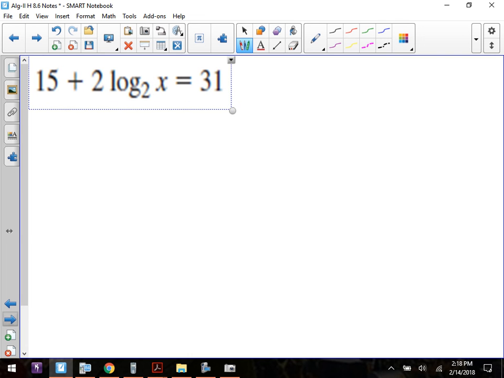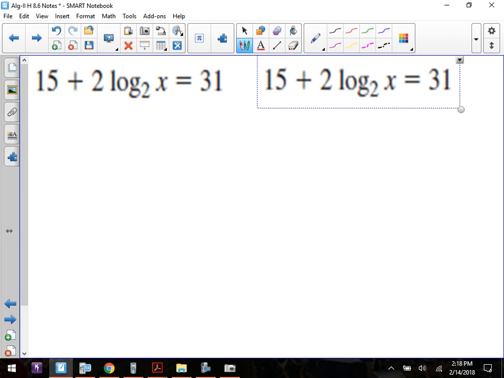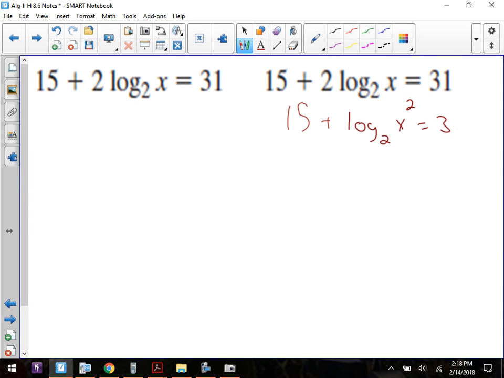I can write it as 15 plus log base 2 of x squared, because that means the same thing, isn't it?